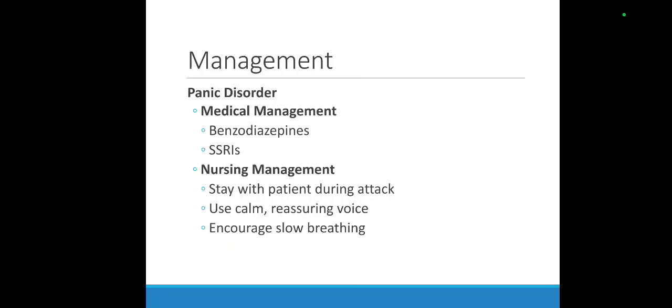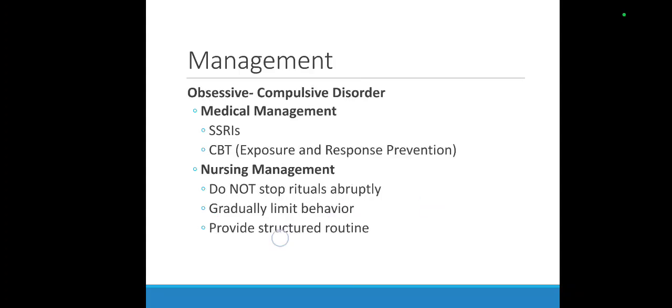Now, for your panic disorder, they have the same management as GAD: benzodiazepines and SSRIs. Nursing management may include staying with the patient during an attack, especially if they are experiencing panic attacks. Use a calm and reassuring voice and encourage slow breathing. For OCD, SSRIs, or cognitive behavioral therapy such as exposure and response prevention.